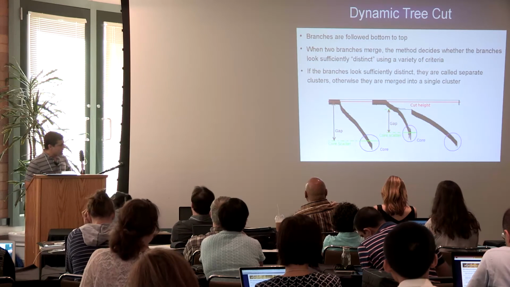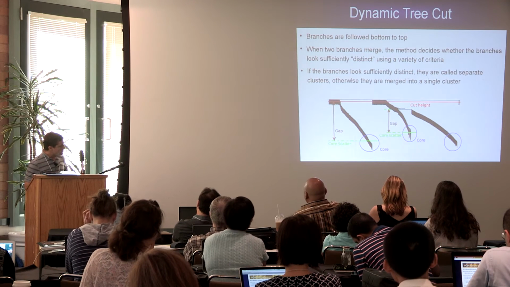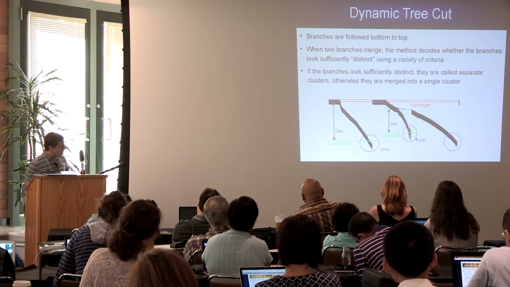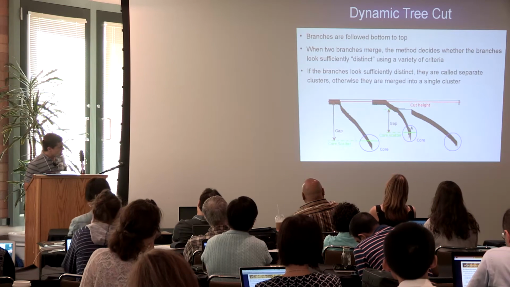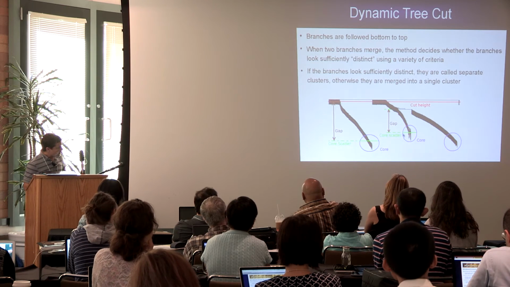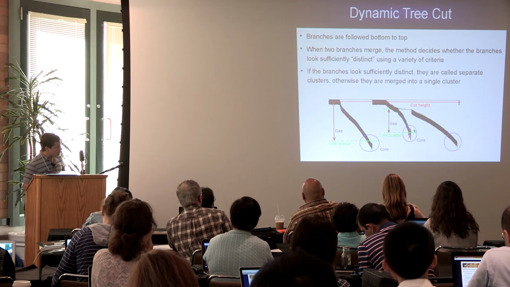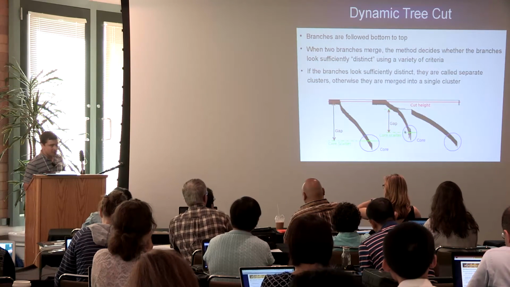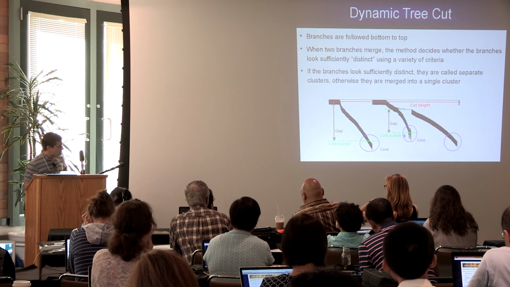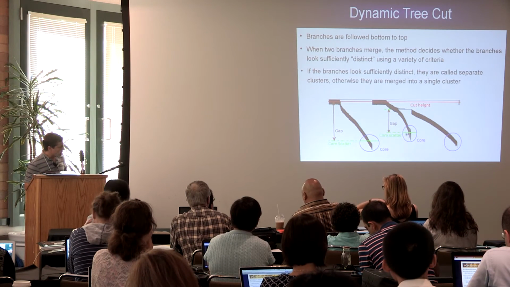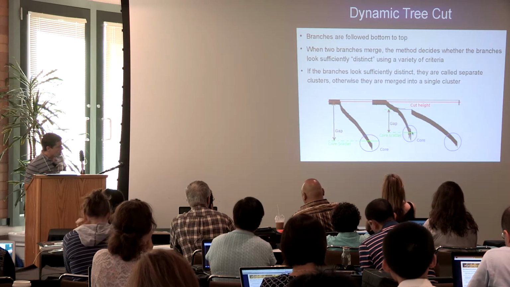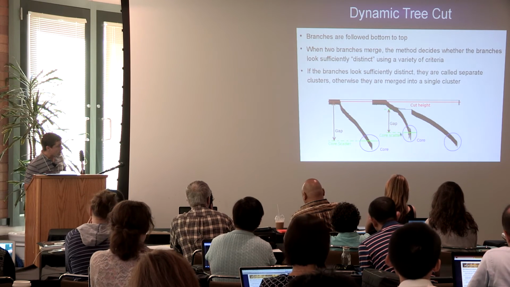There are many things that go into it, but the most simple ones are: you take what I call the core of the branch, which is a certain number of objects that have been first merged into the branch. And you look at their average distance, which is roughly the height of this line.